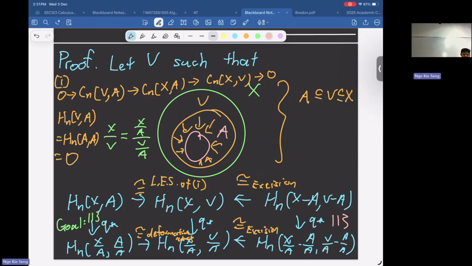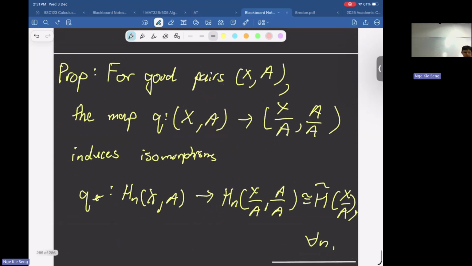Q restricts to a homeomorphism here. So what is Q? Q is a map that maps X to X over A and then A to A over A. Well, this is the quotient map. The claim is if you just restrict, if you don't look at A, then it is a homeomorphism.